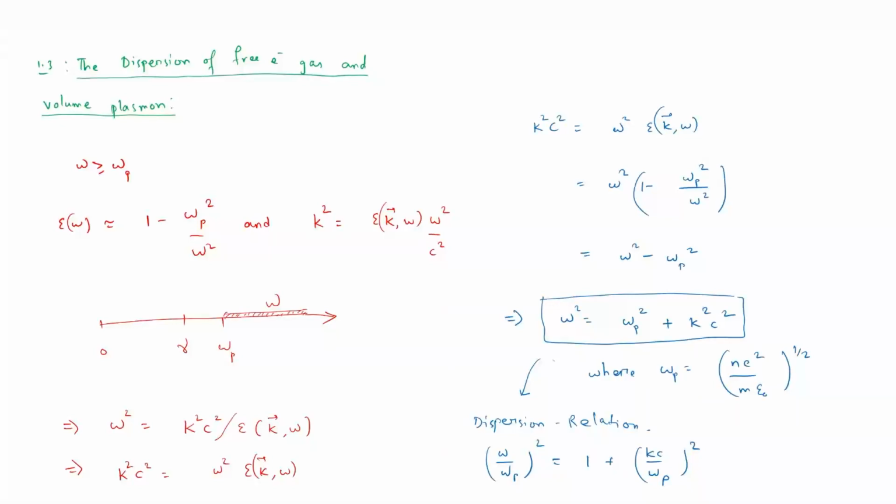Now if you plot omega versus k, how would it look? This quantity kc over omega p is a non-zero quantity and it is added to 1. So that implies that omega is greater than omega p. Then only this condition can be satisfied.